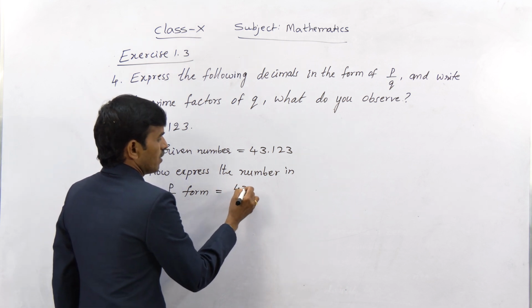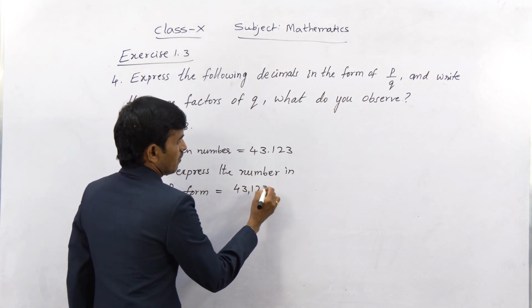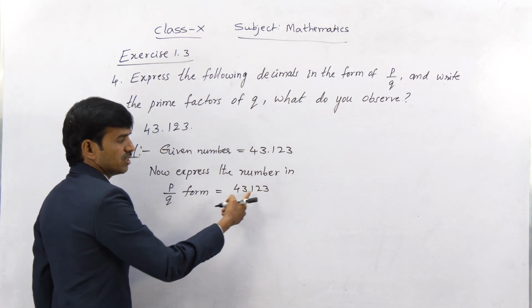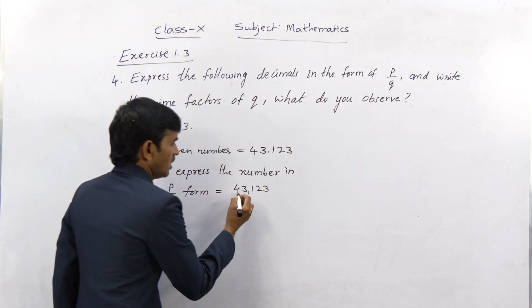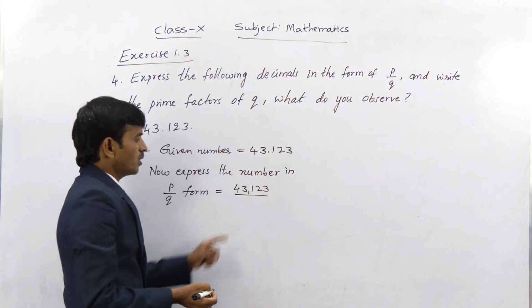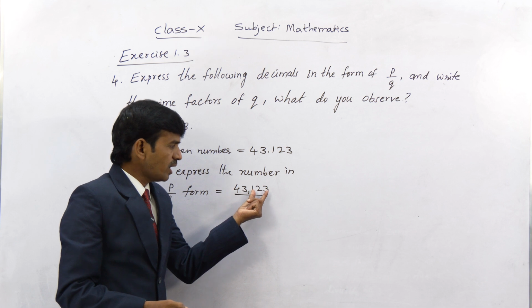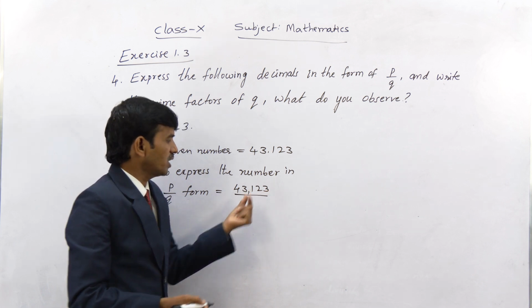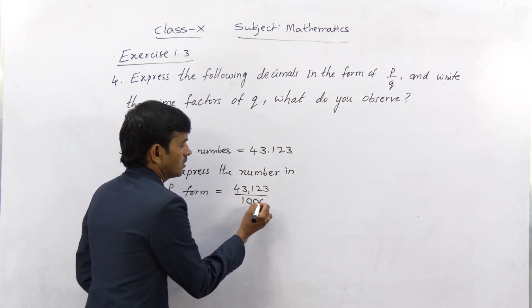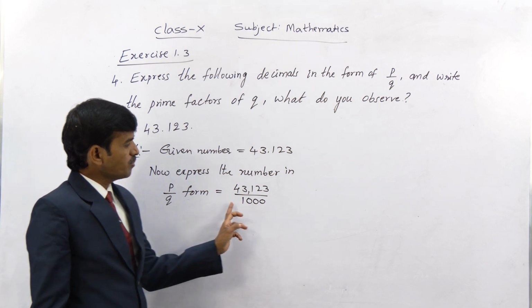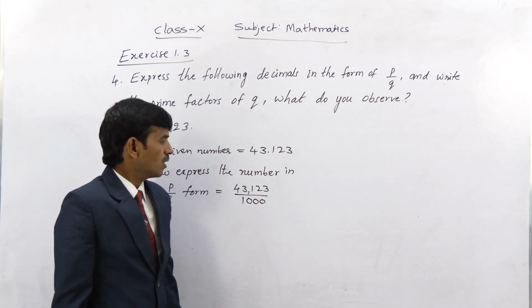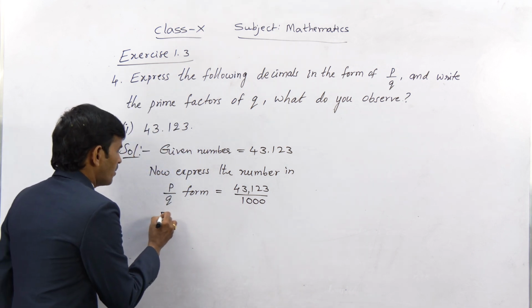What do you get? 43123 by, if you remove the decimal point, how many digits are there after the decimal point? 3. So you write 3 zeros, so it becomes 1000. Now factorize the denominator.